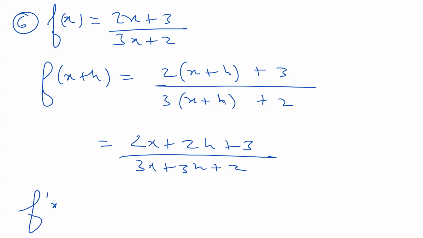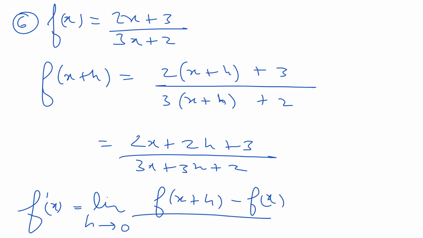Okay, so f dash x will be limit h approaching 0 f of x plus h minus f of x upon h. So f dash x is equal to limit h approaching 0.